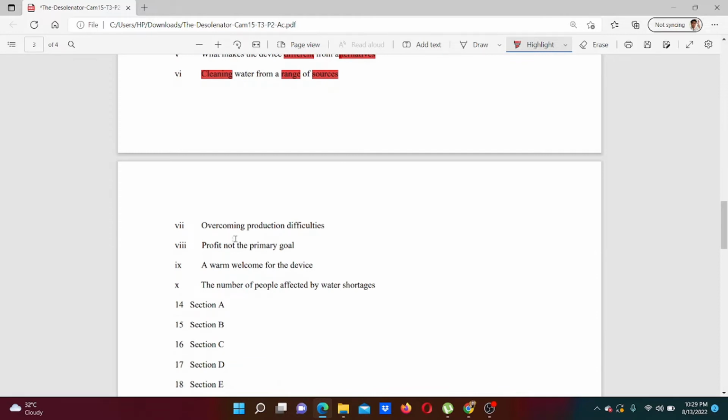And then overcoming production difficulties. So while producing a product, they face some difficulties, and how to overcome those difficulties will be the passage description here. In difficulties, as you can see, it is plural, so there might be mention of a couple of difficulties in the paragraph.